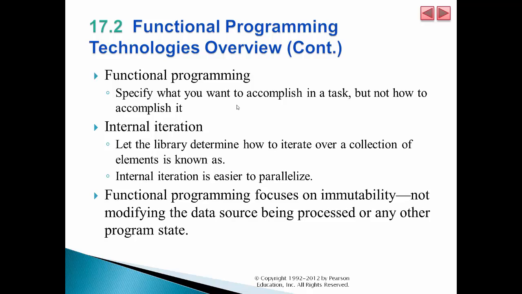You don't specify how you're going to accomplish it. You just say what you want. What is your final objective? You just describe that final objective, the final output, and let the program do the job, right? So you're basically asking the environment, the compiler, to do the computation for you, instead of telling the computer one by one what needs to be done.